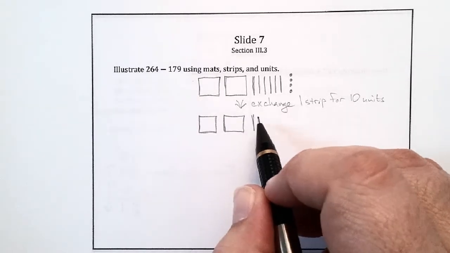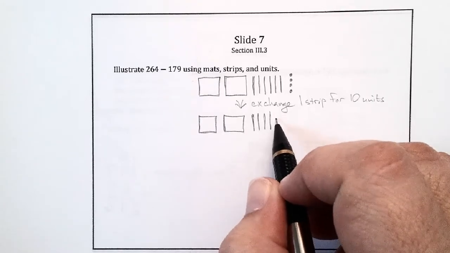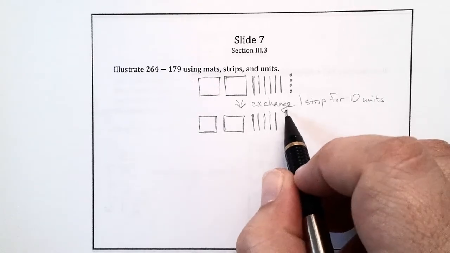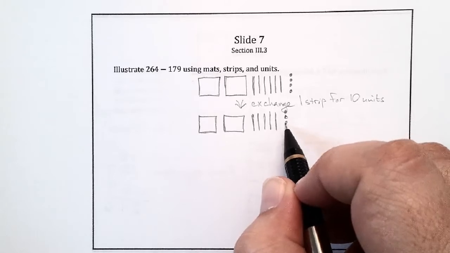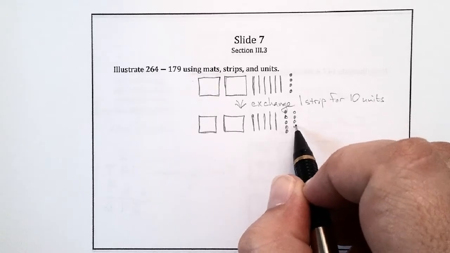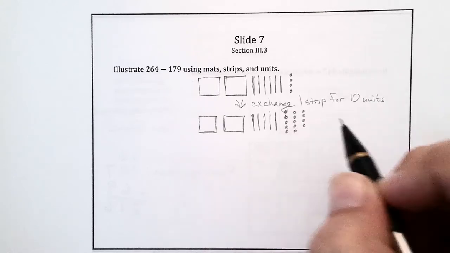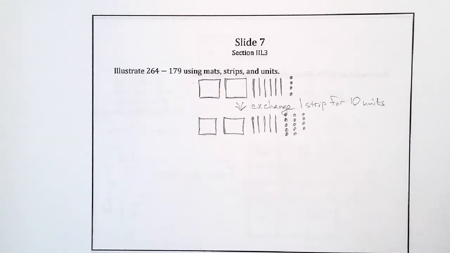Now we just have 5 strips and 14 units. So we have enough units now, but of course we don't have enough strips.